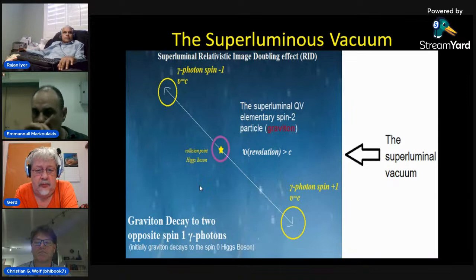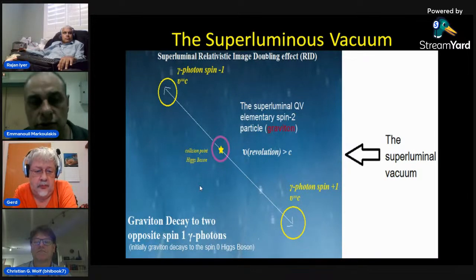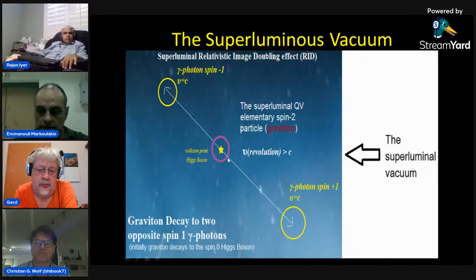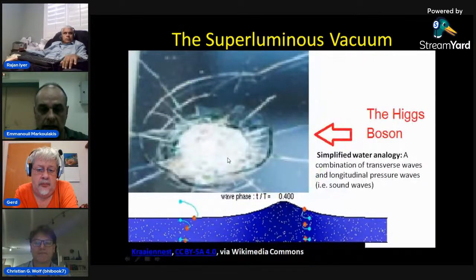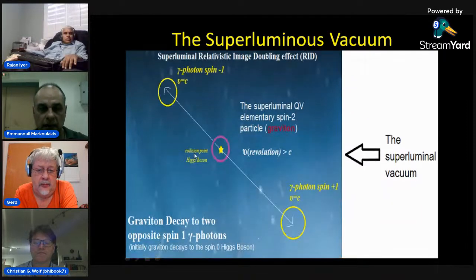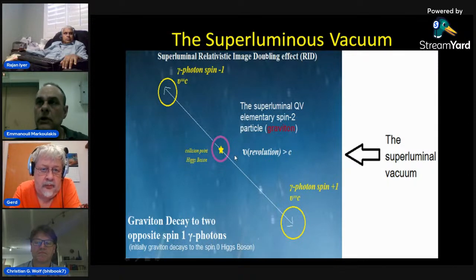What my research shows is that what they actually did here was take only a snapshot, a static imprint of the actual vacuum particle, which I believe is the graviton. The two beams were coming very energetically. And the graviton, my research shows, is a superluminal photon.